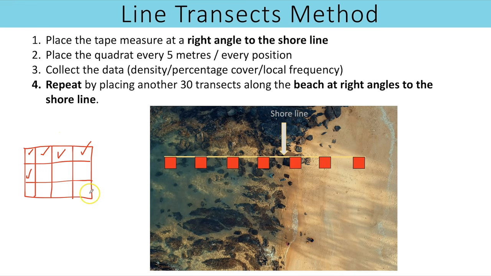And however many out of 100, that is your local frequency as a percentage. So if you had 5 out of 100, your local frequency would be 5%. Percentage cover is when you actually have to estimate what percentage of your quadrat is covered. So this time it's not just is it present in a square or not, it's whether you think that full square is covered to be able to count it as a full percentage.